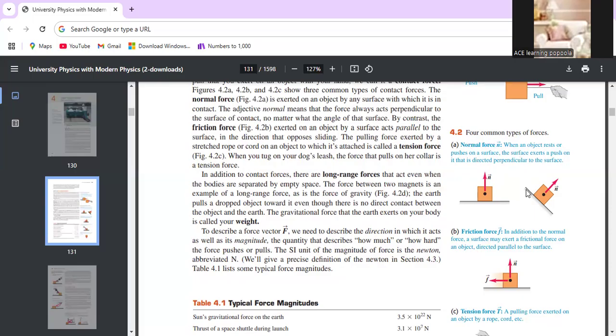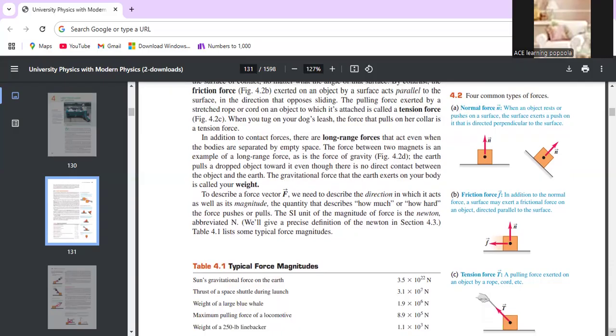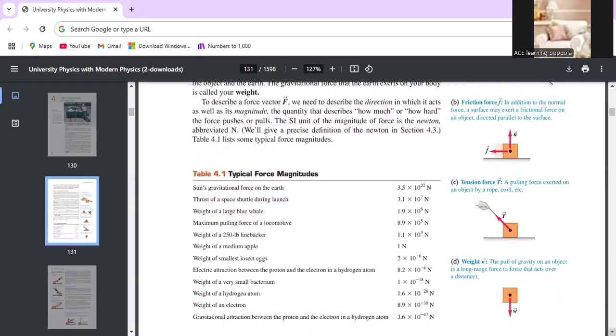That's why I call it a normal reaction force, normal meaning that it is perpendicular. It acts perpendicular to the surface it acts on, and it's usually opposite and equal to the body. So these are examples of contact forces.